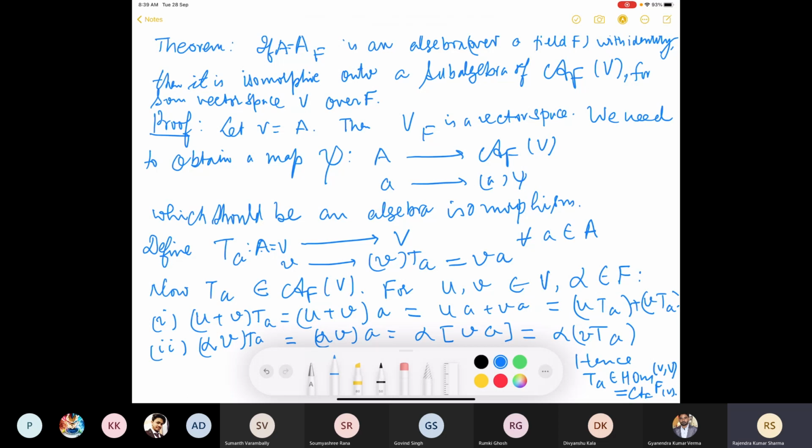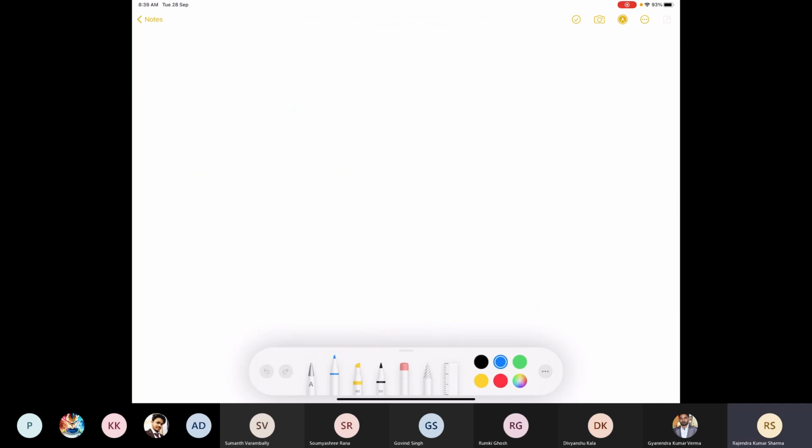So the next thing is that A psi, if we take it to be T_A, will it serve our purpose? So let us take this A psi to be T_A for every A in A. So let me recall. What we have is the map psi, from A, which is V, same, to A(V).